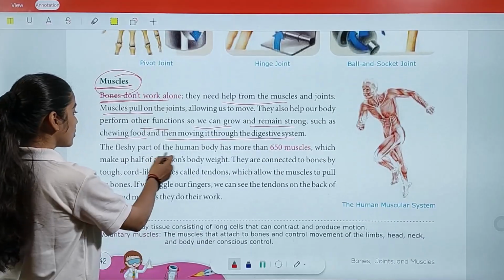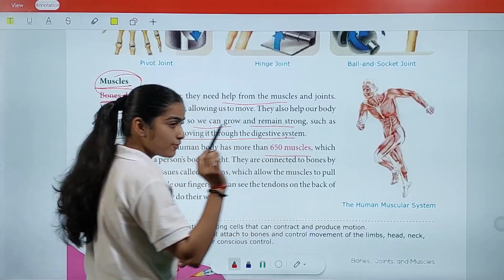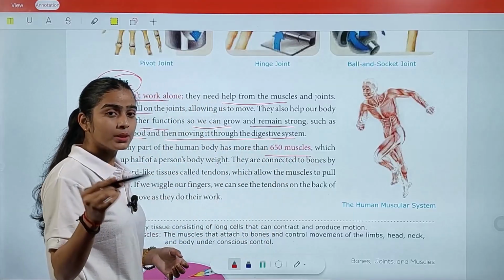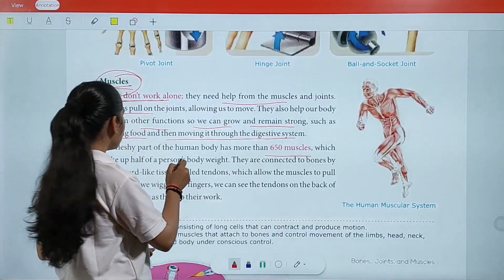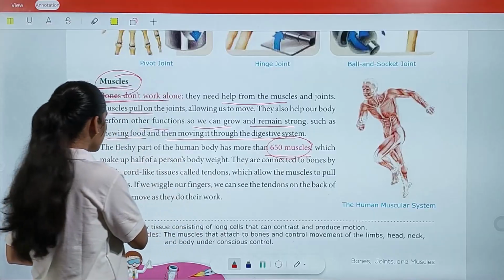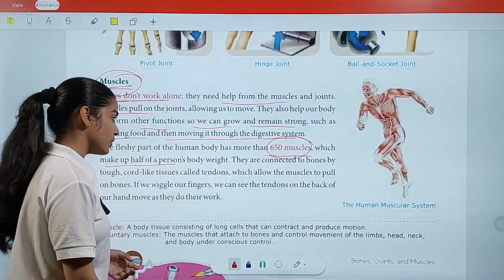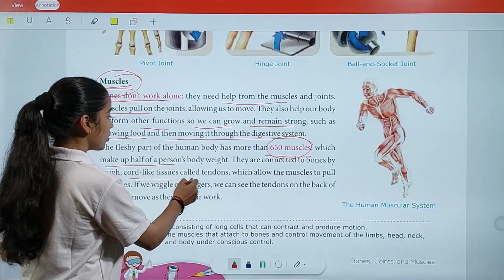So the fleshy part of the human body has more than 650 muscles. In total we have 206 bones. All of you repeat after me. How many bones do we have? 206. And now we have the total fleshy part of our body, which is 650 muscles, which make up half of a person's body weight. They are connected to bones by tough cord-like tissues called tendons.